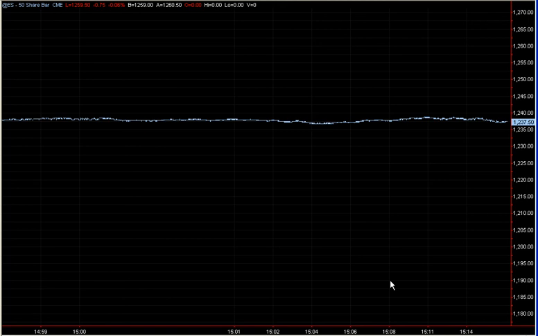Now that's 6 days worth of data, and this may take just a little while for it to run through every single bar and look for any instance of a gap. So logically, this is going to take just a little while, but not that long, as you can see.